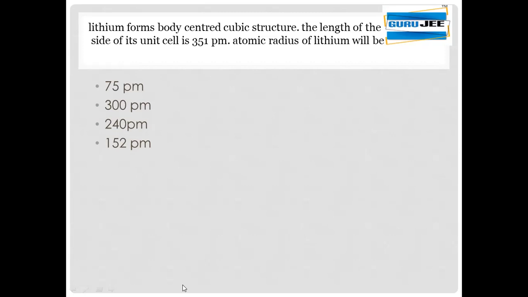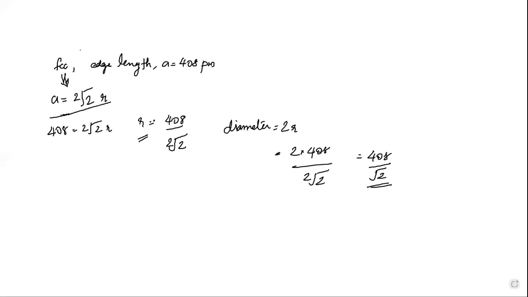Yes, ma'am. Okay. Here also, the question itself says the crystal has a BCC structure and the edge length A is given as 351 picometer. We have to find out the radius of the lithium atom.